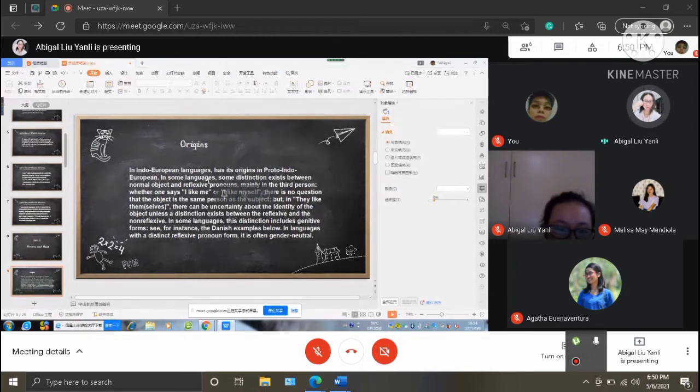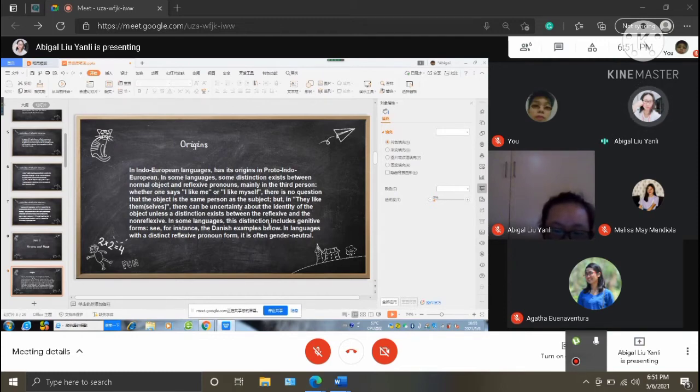In some languages, a distinction exists between normal object and reflexive pronouns, mainly in the third person, whether one says "I like me" or "I like myself." There is no question that the object is the same person as the subject, but in "they like themselves," there can be uncertainty about the identity of the object unless a distinction exists between the reflexive and the non-reflexive in the same language.